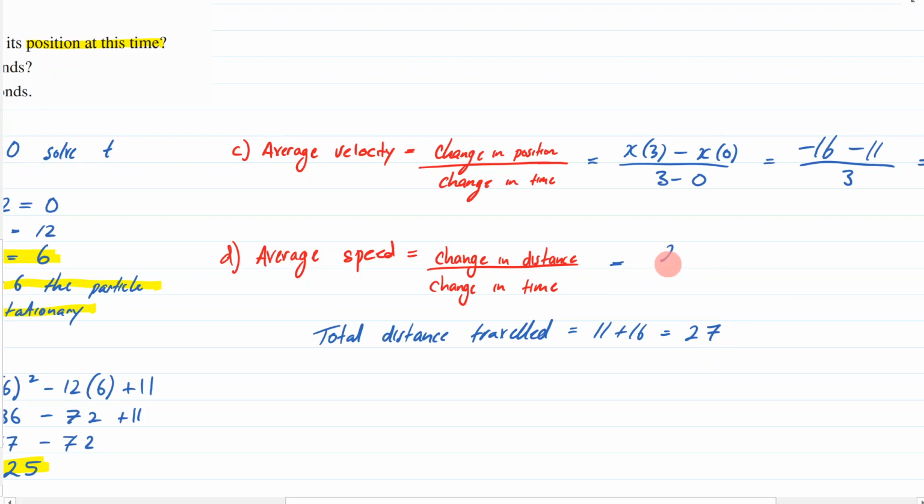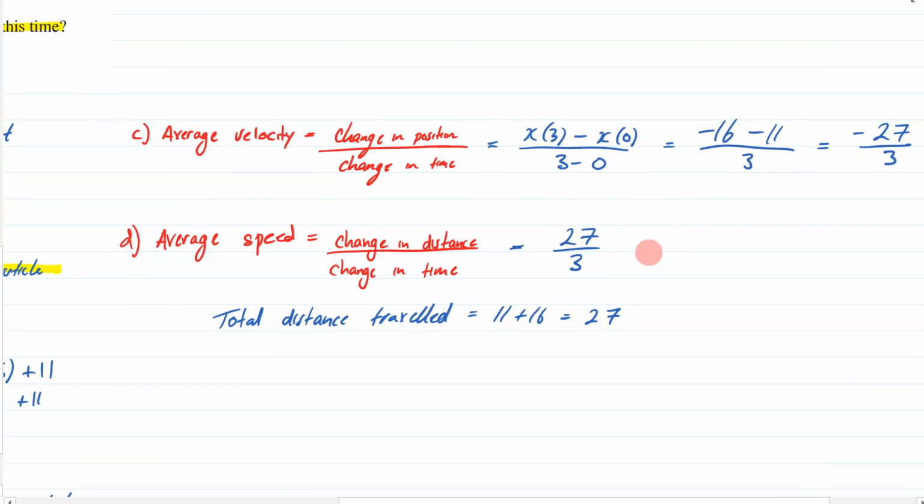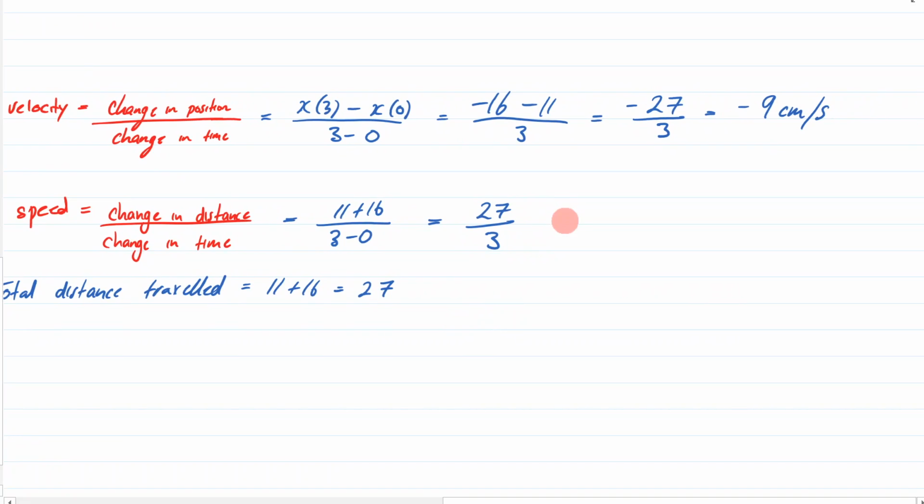So that means it's 27 on 3, because it's still in 3 seconds, right? 11 plus 16 over 3 minus 0 is 27 on 3, which is equal to 9 centimeters a second. So that's what it's going to be.